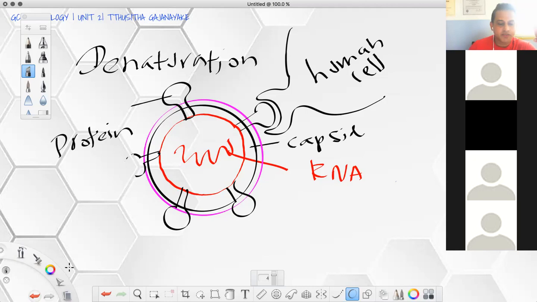If soap and alcohol are used, this protein's shape changes. Now it does not fit the human cell. So it simply destroys the protein on the surface of the virus by the process of denaturation.